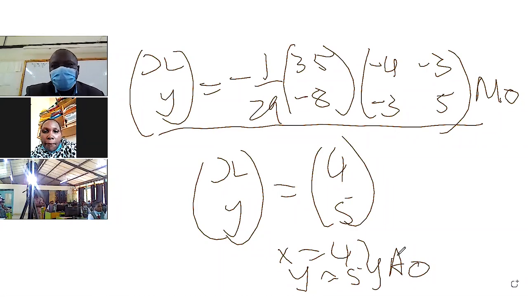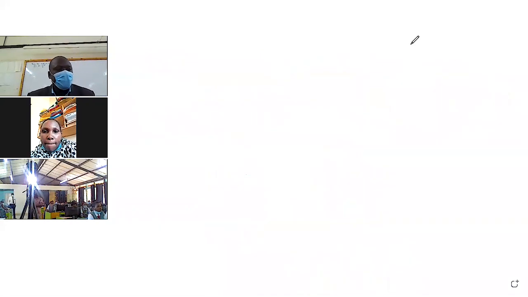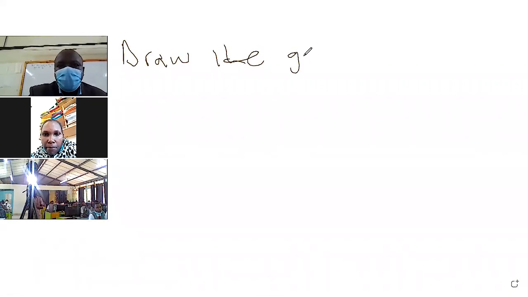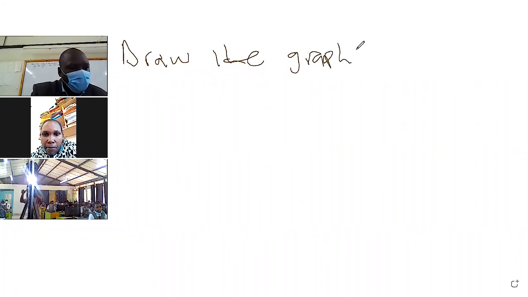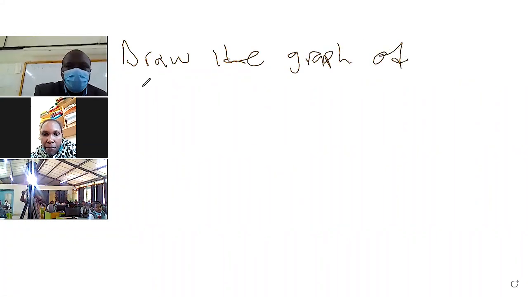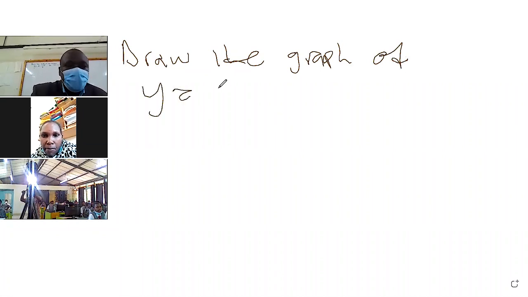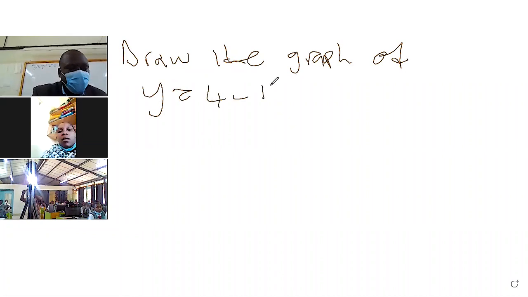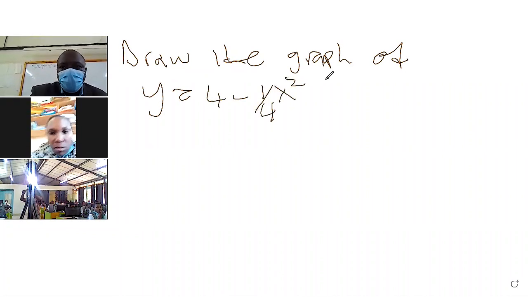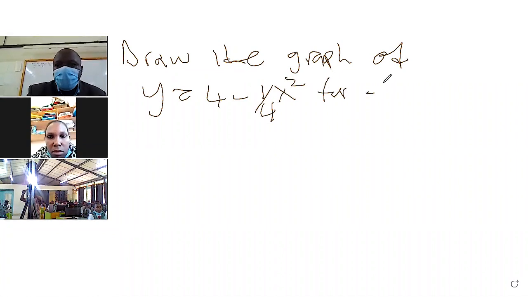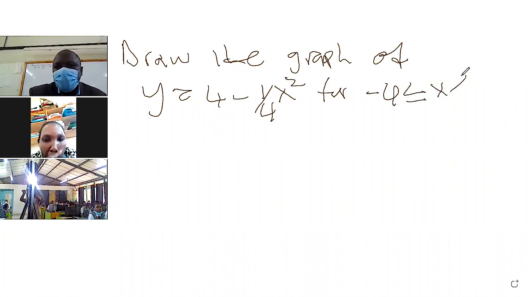Then we can check on other marks involving graphs, whereby you are told to draw the graph of y is equal to 4 minus a quarter x squared for the domain -4 less than or equal to x less than or equal to 4.